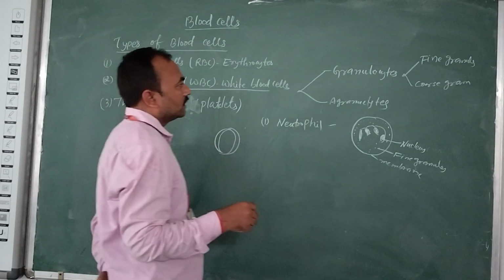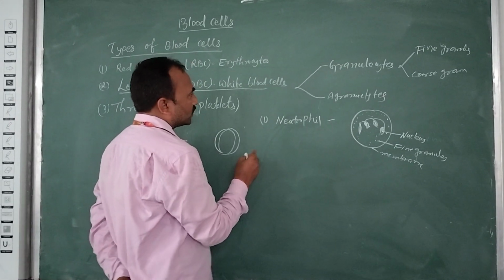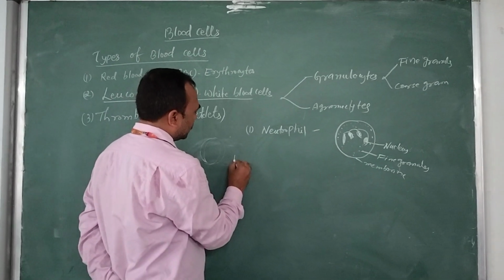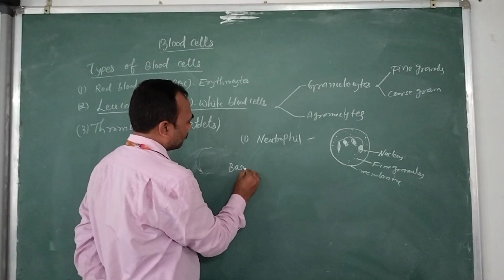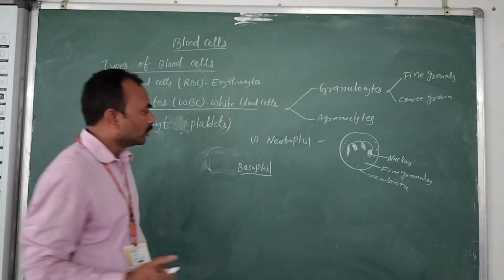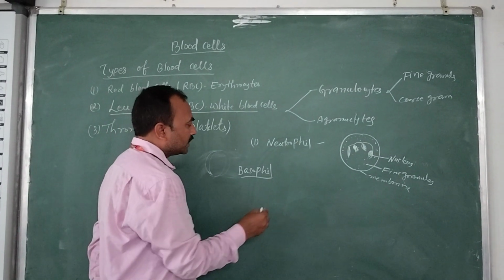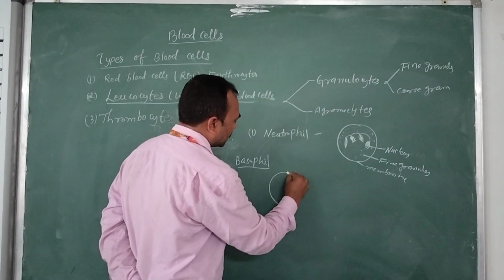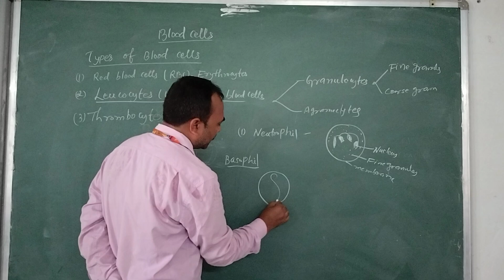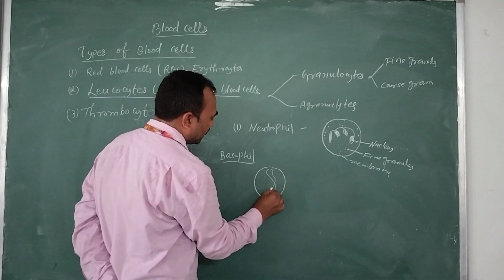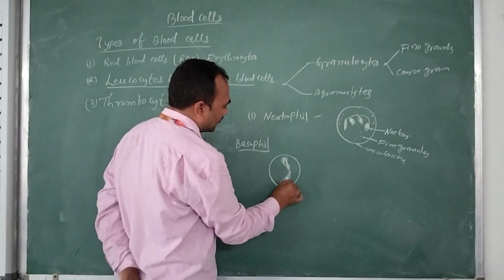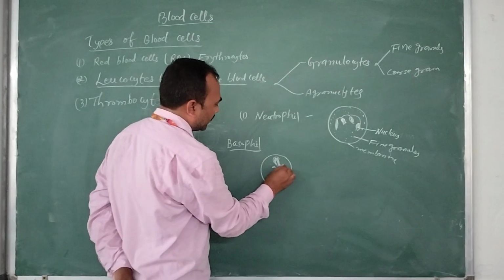Next, the second one, coarse granules. Coarse granules have 2 cells. One is basophils. Basophils have coarse granules, and those granules are visible, but their nucleus is less visible, so their lobes are not much visible.